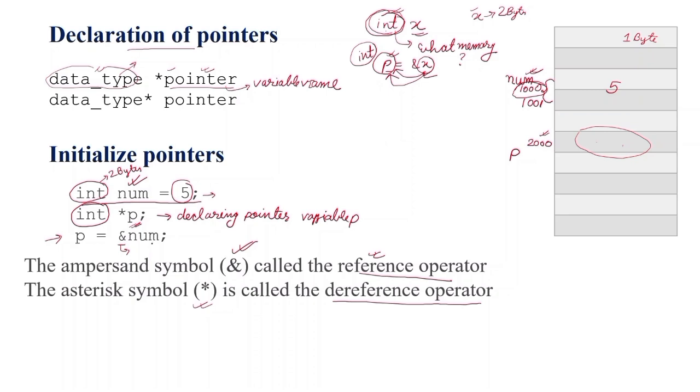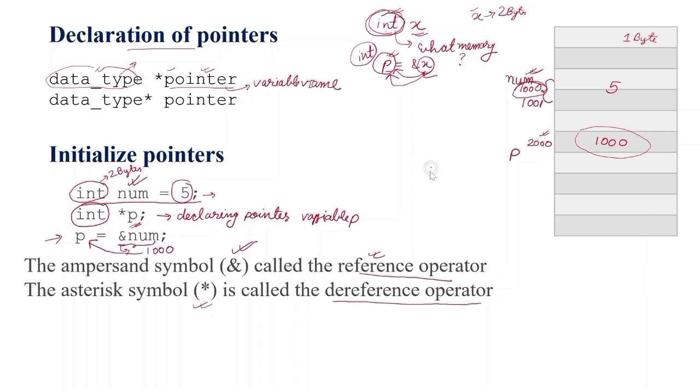So P is equal to address of num. What is the address of num? This whole thing is going to return 1000, and this 1000 is stored in your variable P. So what is the value of P? The value of P is 1000 and it is associated with memory address 2000.